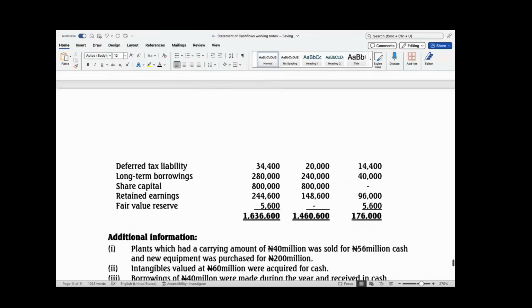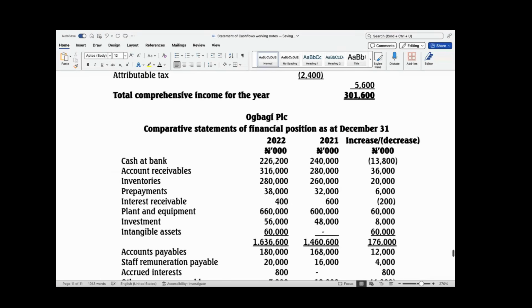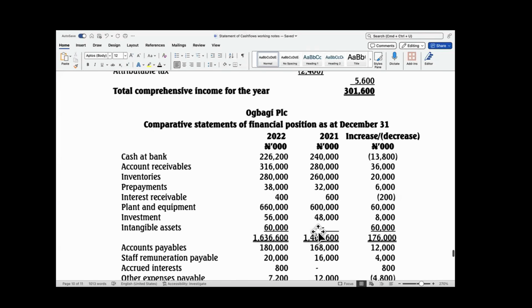I need to ask myself, is there inventory for the year? Yes, there is inventory of 20,000. I need to also ask myself, am I owing anyone for this year? Yes, I am.